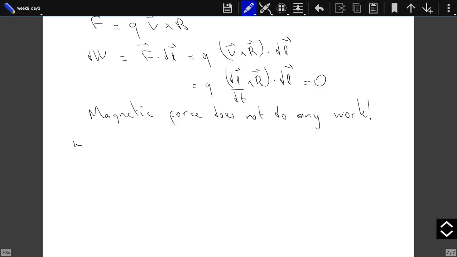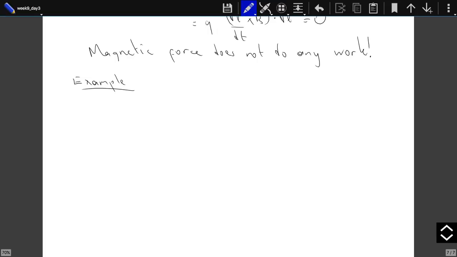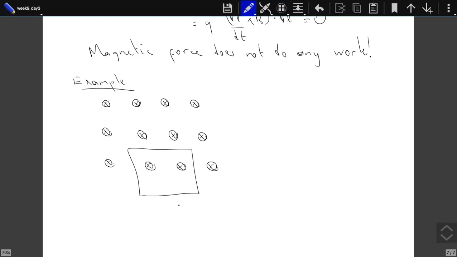Let us look at an example. Let us assume we have a region where the B is non-zero, even uniform. We put some wire, attach some mass, and send some current through the wire, let's say in this direction.